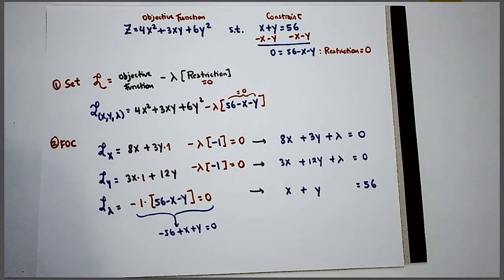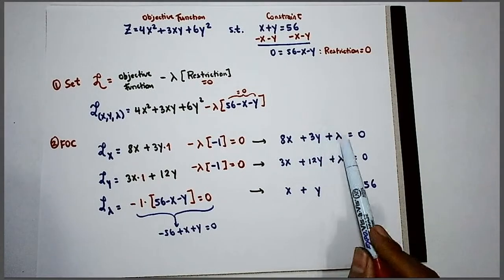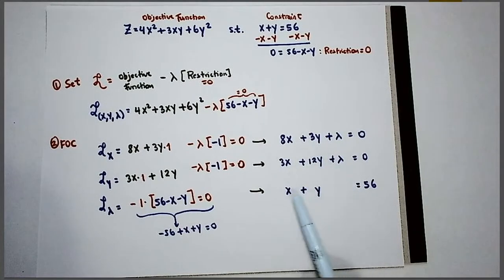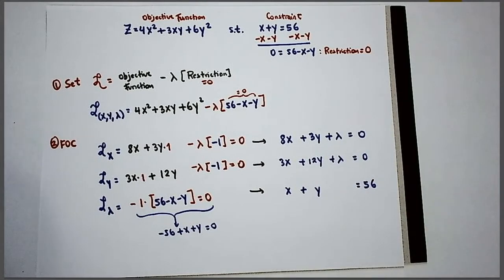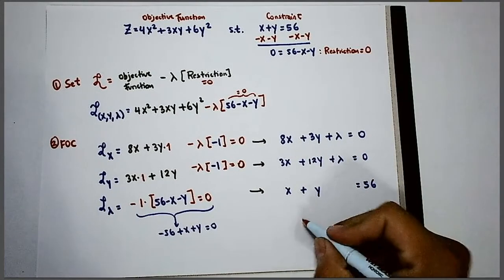Now, why did I put it in that specific order? If you recall, all of these terms are linear, and we have a 3 by 3 matrix because we have 3 equations and 3 unknowns. So for this specific case, when everything is linear, we will use Cramer's rule.